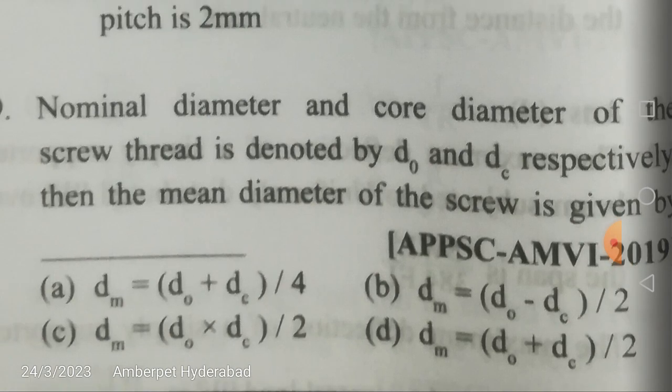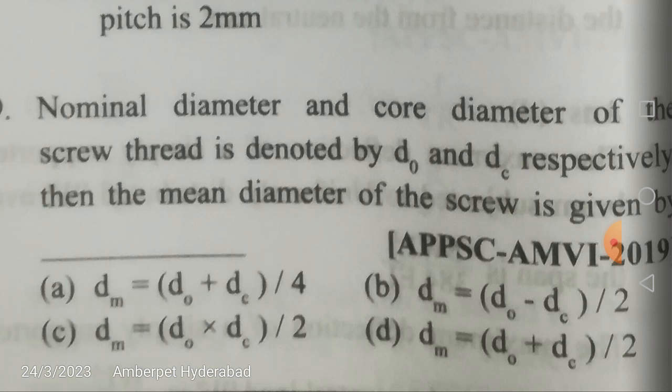Now DC is the core diameter. That means after removing the material for making the threads, its diameter is going to be decreased. That is the least diameter, or the major area where the stress is going to be concentrated, or there is going to be highest stress in the roots, right? So your core diameter will be having the least diameter, and your core diameter also can be seen with the naked eye, but your mean diameter, or it is also called PCD, pitch circle diameter, is not observable.